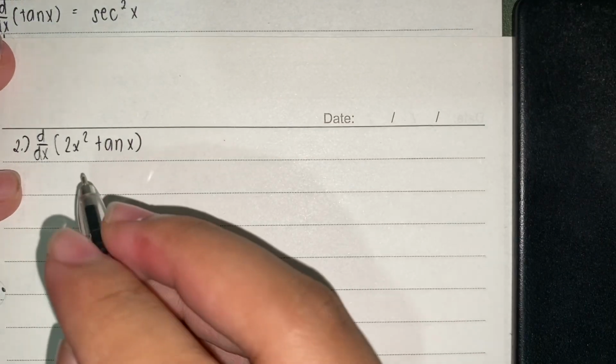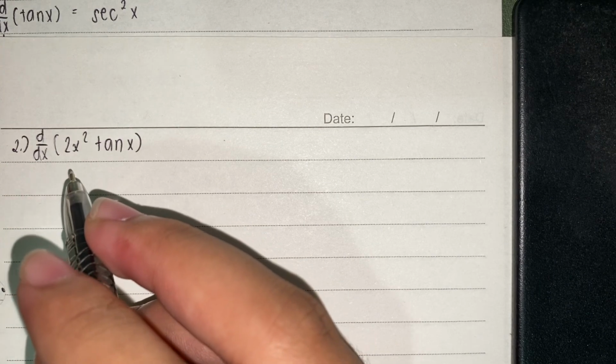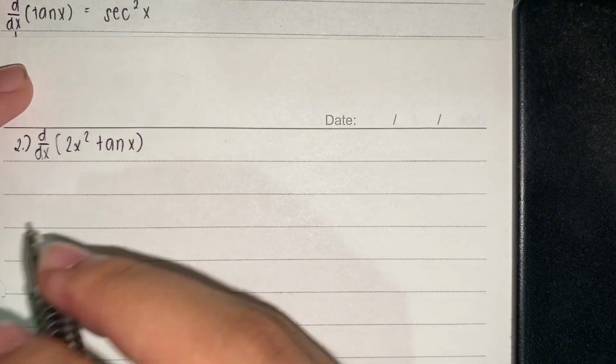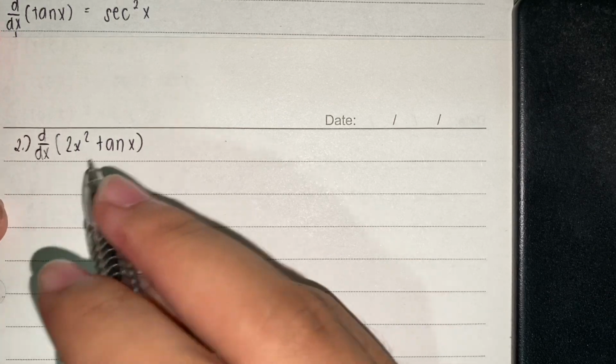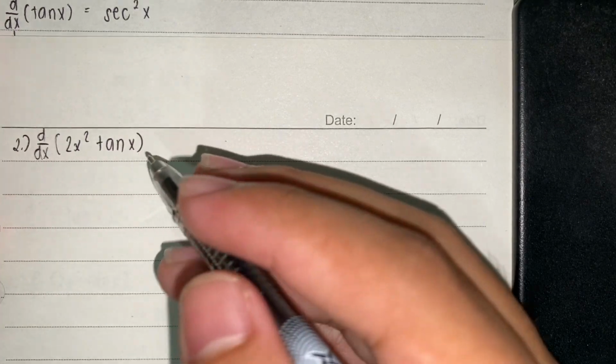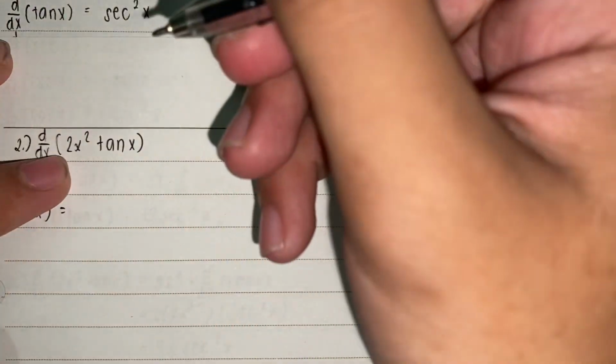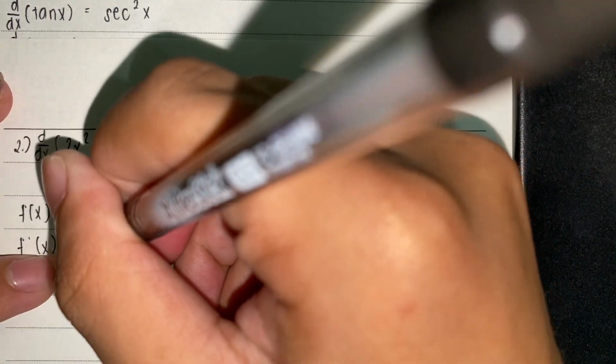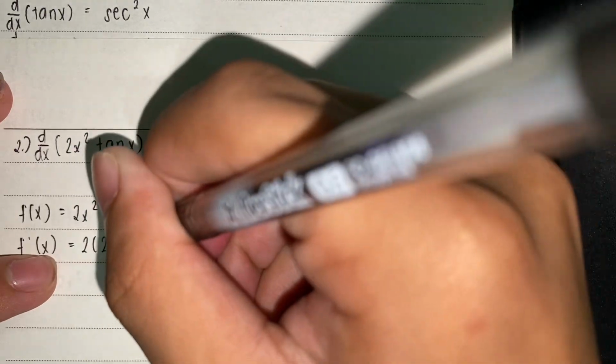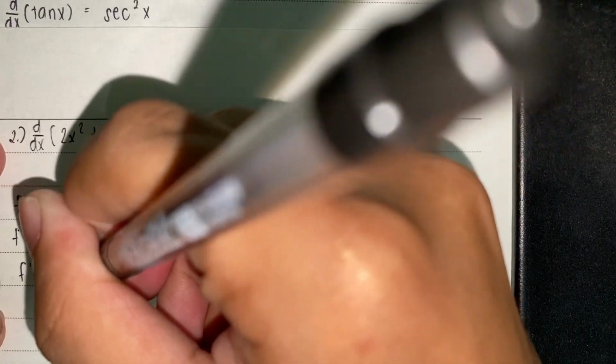In this function there are 2 terms, so we're going to be using the product rule. Our first term, f of x, is going to be 2x squared. By using the constant multiple rule, f prime of x is going to be 2 times 2x raised to 2 minus 1, which is 4x.